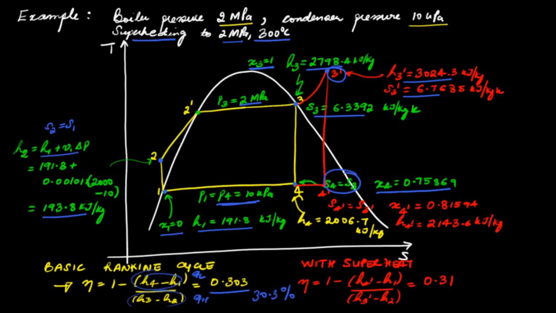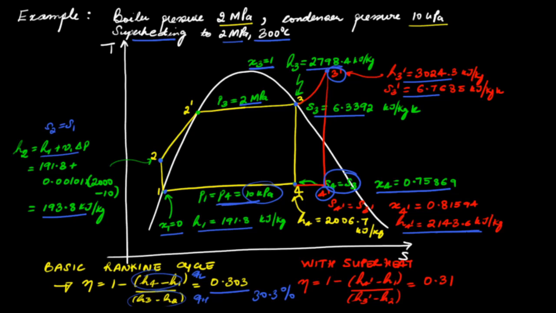Again, using the same procedure, the process 3' to 4' is isentropic, so we know the specific entropy at state 4', and we also know the pressure is equal to the condenser pressure, that is 10 kilopascals. So all other properties are known, and H4' is given by this value, 2143.6 kilojoules per kg.